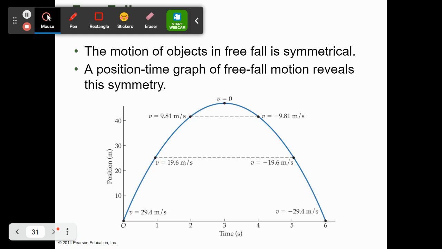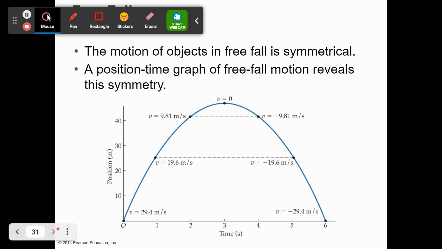The position-time graph of free fall motion reveals some symmetry. It's a parabola. So that means it's going up to a peak, and then it's coming down the same exact way on the other side. So here's our initial velocity. If it has an initial velocity of 29.4 meters per second, what does that mean that I did with this ball?